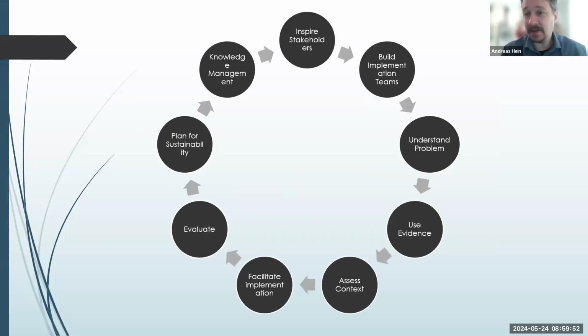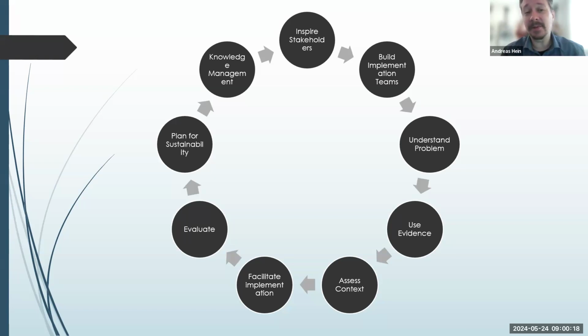Here's one model. I like this model very much because it makes a very good description of the kind of things. It resonates with my practice, I would say. It's the kind of things you know at the end of the day, if you have gone through a tough implementation process or a different implementation process of EBIs, this is the kind of thing you actually need to be doing when it happens.